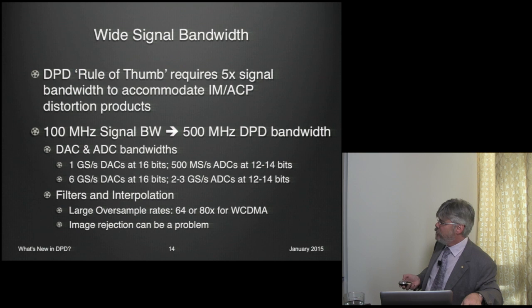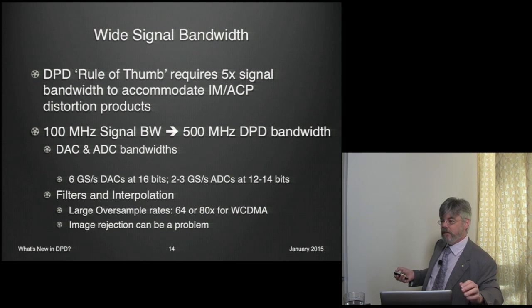Now I'm retiring. What we have is pretty much state of the art 6 gigasample per second DACs, with well over a gigahertz of instantaneous bandwidth, on the market nowadays at 16 bits. So this allows that software-defined radio approach.